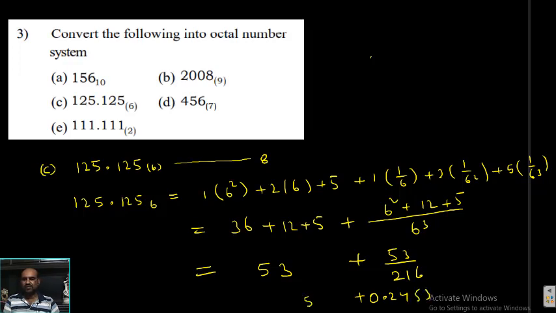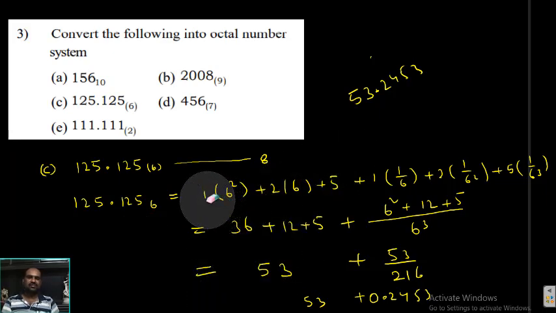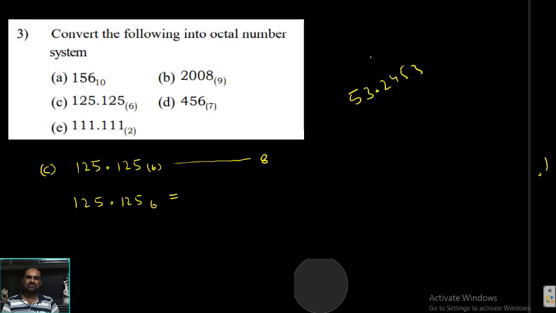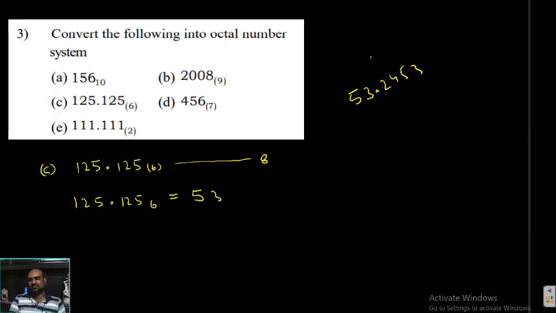So finally what I can write now, that is 53.2453 approximately in our decimal system. Now we want to convert that into base 8.